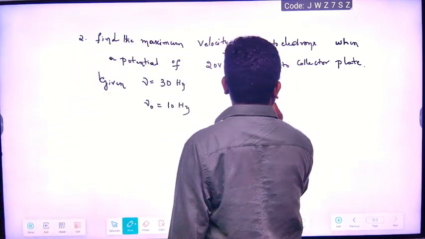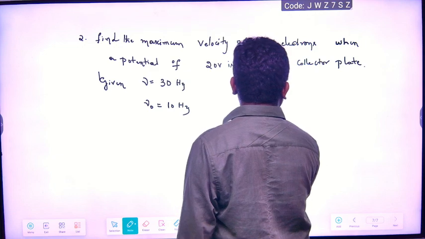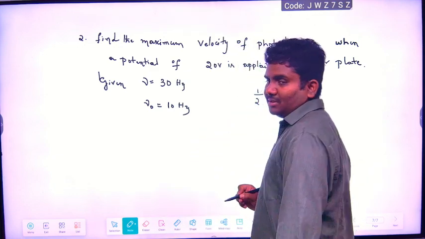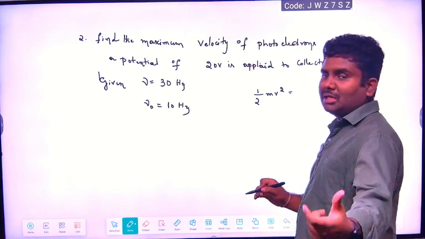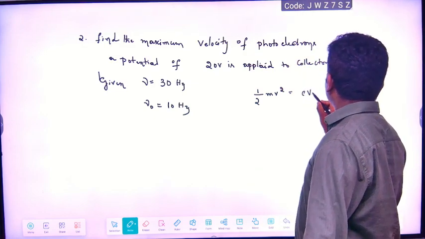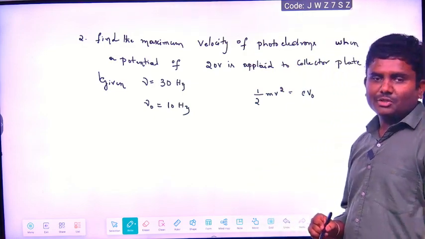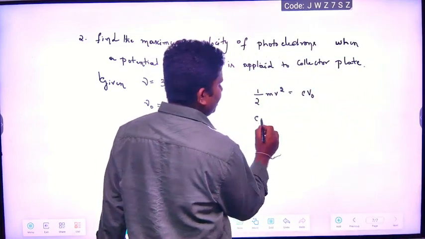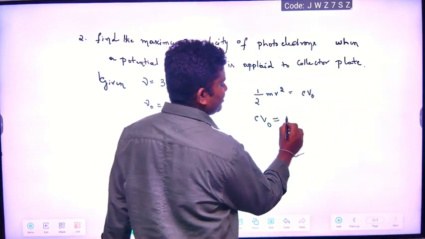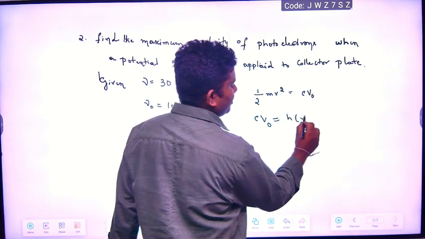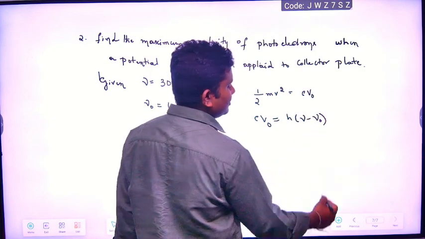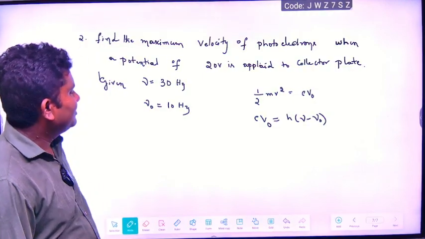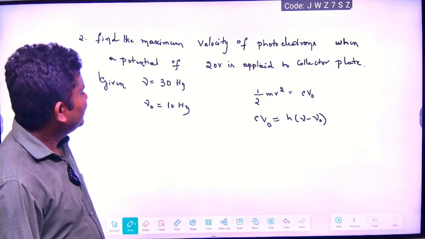Now you see, kinetic energy half m v square is equal to what? Stopping potential: half m v square is equal to e V naught. Now e V naught is equal to, what is half m v square? h into nu minus nu naught. Okay, what are they asking actually?